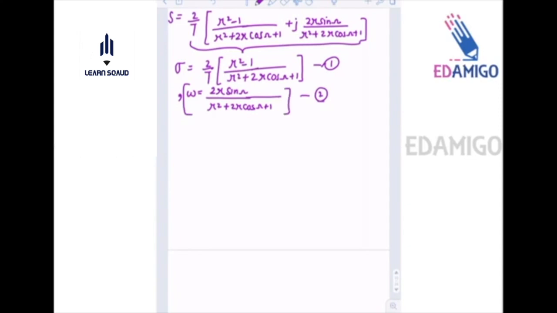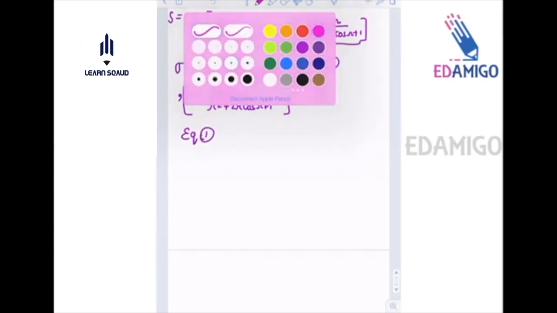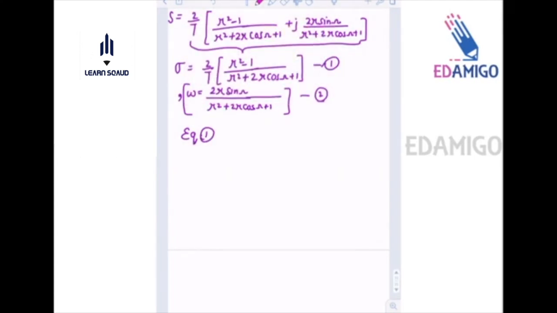Now we can see that from equation number 1, whenever R is less than 1, then the real part of s will be less than 0, and when r is greater than 1, then the real part of s will be greater than 0.